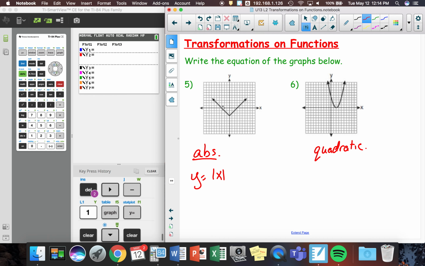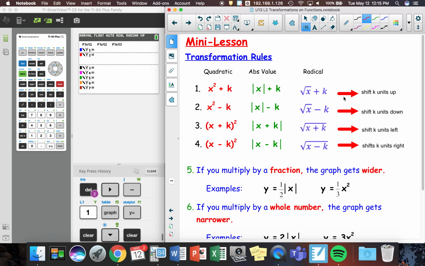Generally it's supposed to start in the middle here, but instead it went down. It goes down 1, 2, 3. So since it goes down 3 units, for my new function I have y equals absolute value of x. And just to be sure, when I'm going down, it's going to be on the outside of the absolute value sign. So minus 3.